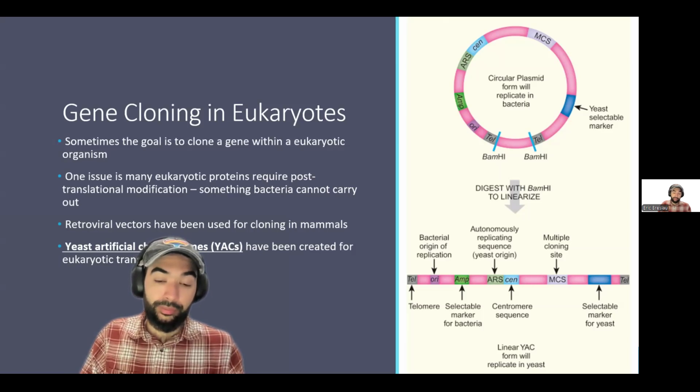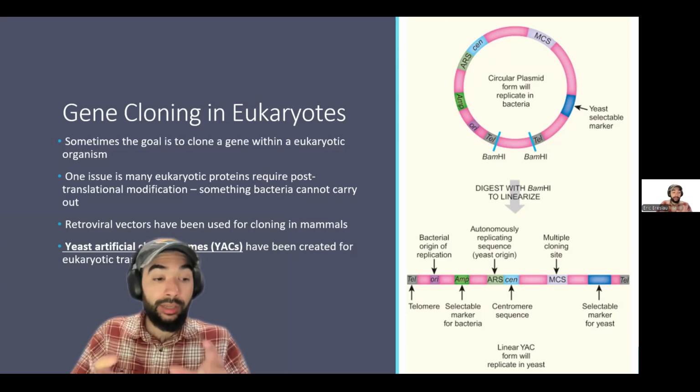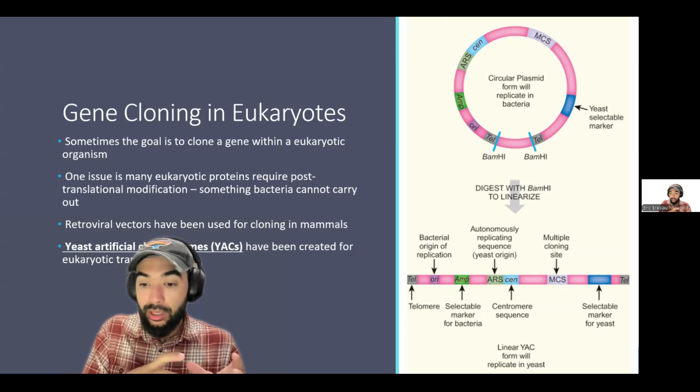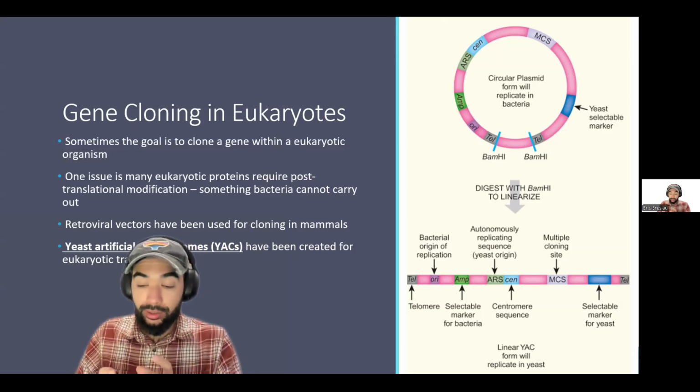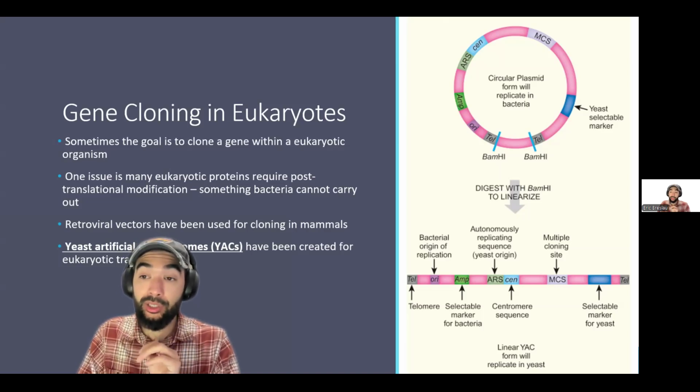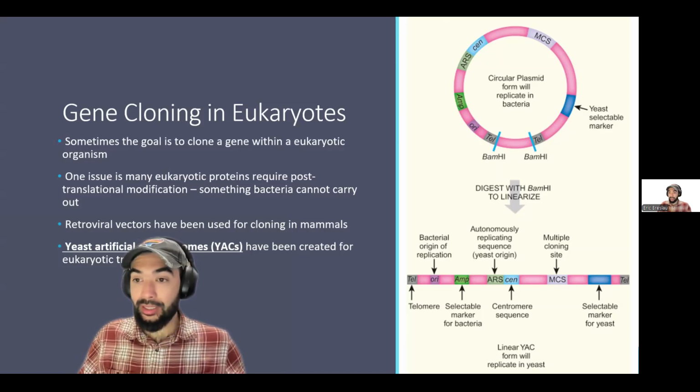So we can take a vector from a virus or bacterium, and we can add things that the vector needs to properly function in a eukaryotic cell, like a yeast cell. A chromosome in a eukaryotic organism needs a couple of things that bacteria won't have. Those telomeres, which we see in gray here, we need those telomeres.